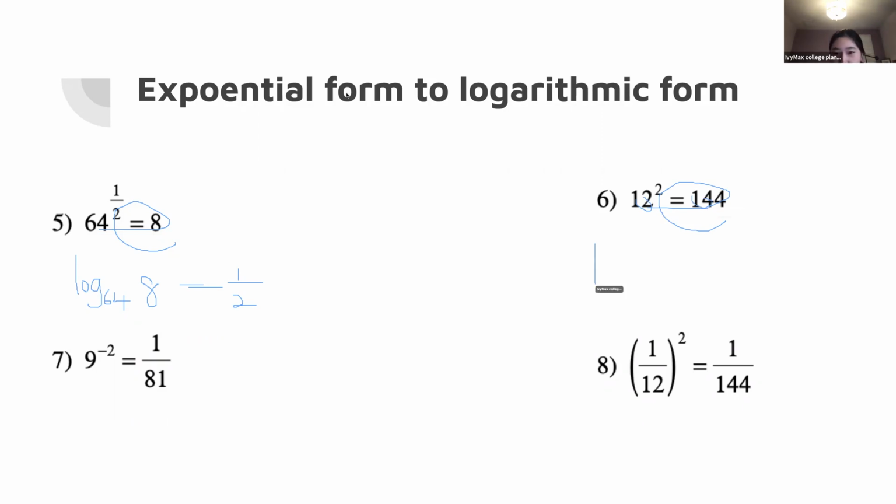So it will be log base 12 of 144 equals 2. So I think you guys can try 7 and 8 by yourself, and then we can check answers after you're done.